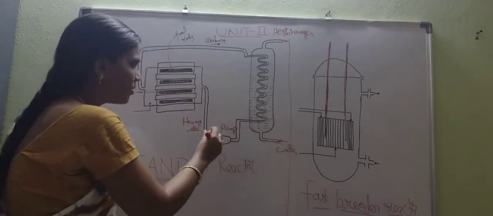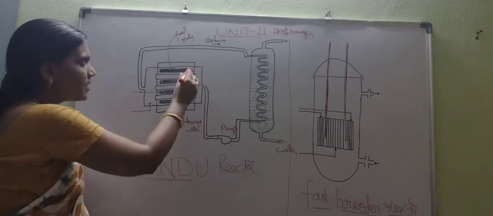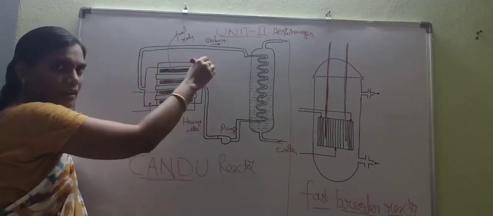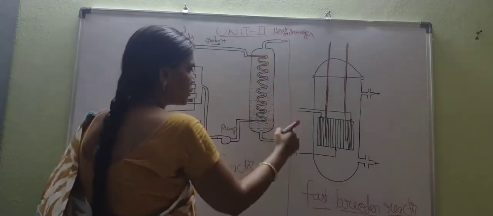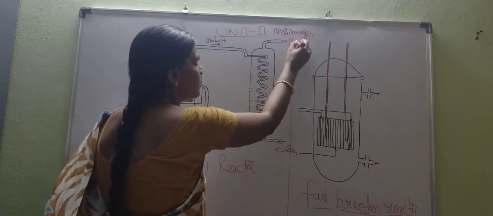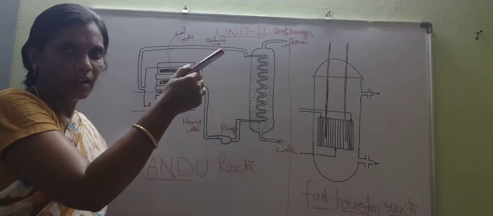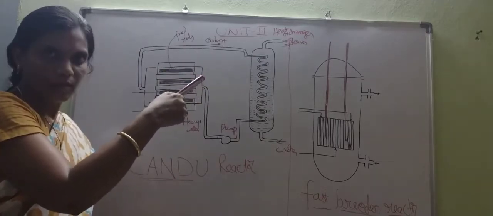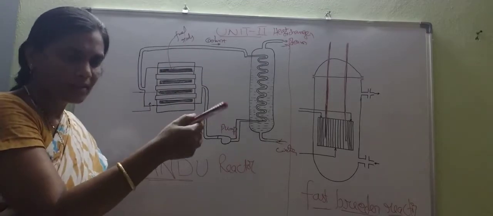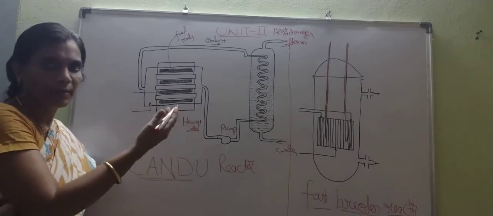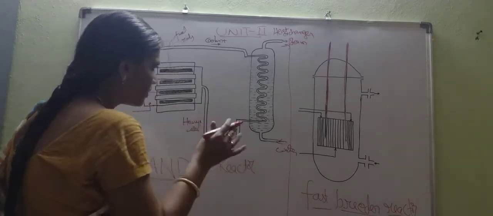After the coolant process, this water will convert into steam. Then this steam goes to the turbine, the turbine runs, and we get electrical energy by means of an alternator.